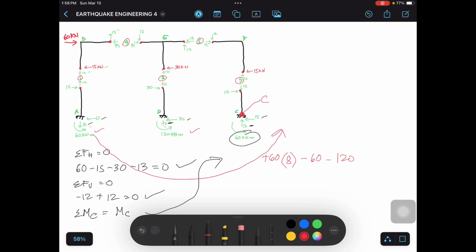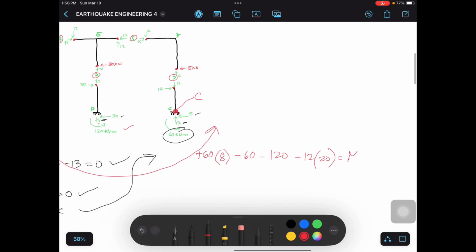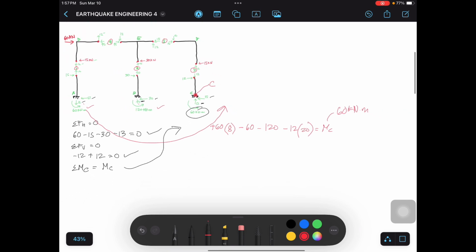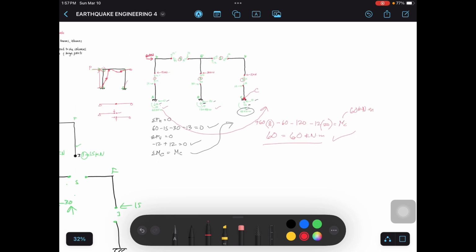Counterclockwise, so that is 12 times, ano yung distance niya from C? 20. So this should be equal to moment at C, where moment at C is equal to 60 kilonewton meter. So if you calculate that, 60 is equal to 60 kilonewton meter. So okay naman, yung buong structure, it is in equilibrium.